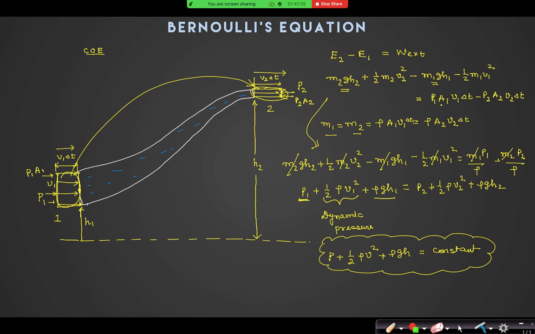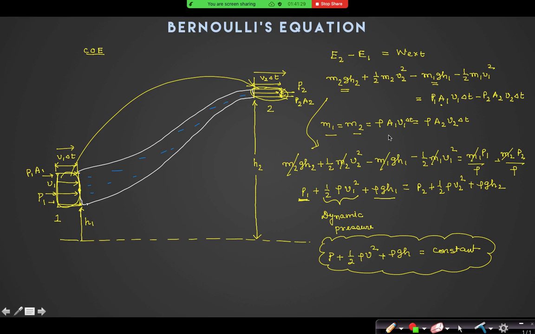So actually, if I ask you what is the pressure of the atmosphere here or the outside pressure, then it is only P1 and P2. You have to find the pressure as P1 and P2. These other terms are not coming due to pressure. You can understand these terms are coming due to energy, mgh and half mv square.